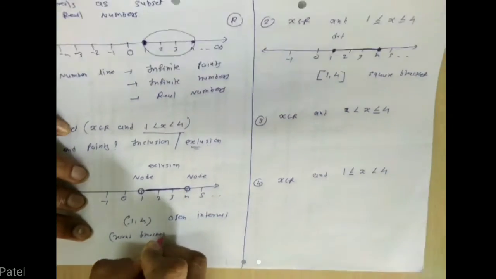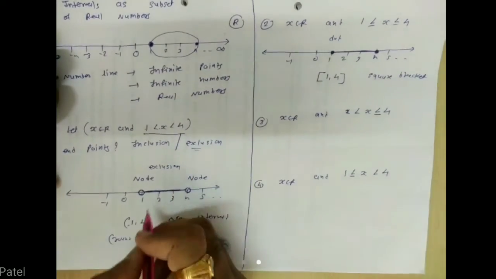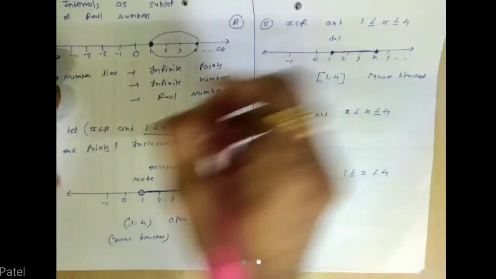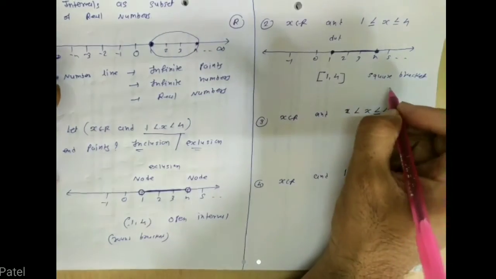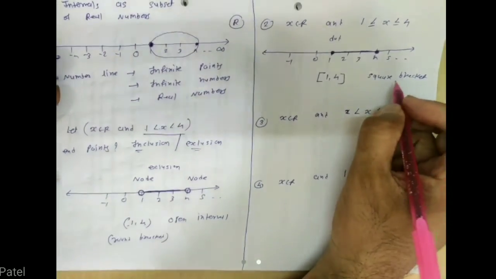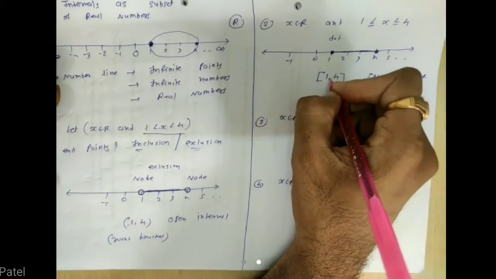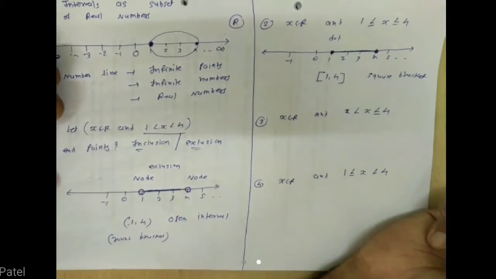To represent node, that means for the exclusion, we'll use round brackets. To represent dot, that means for the inclusion, we'll use square brackets. Square [1, 4] means 1 is included, all the values of x between 1 and 4 are included, and also 4 is included. Clear?